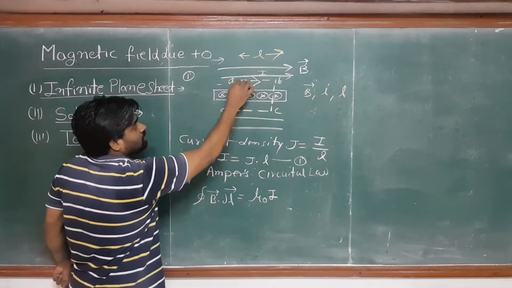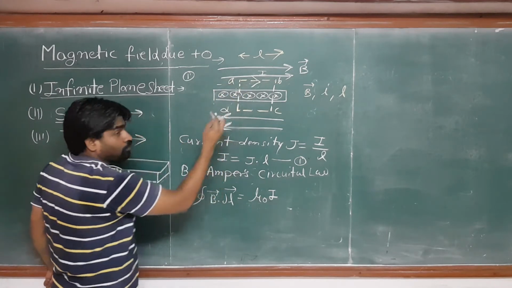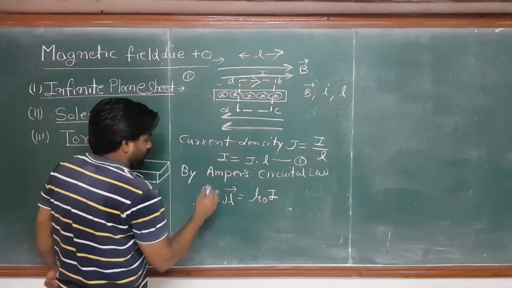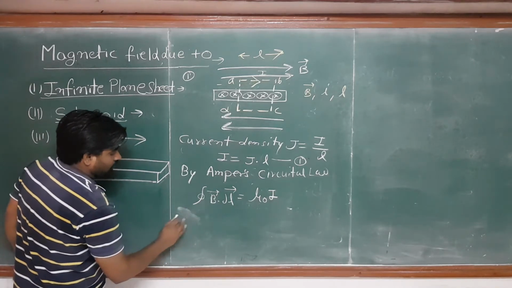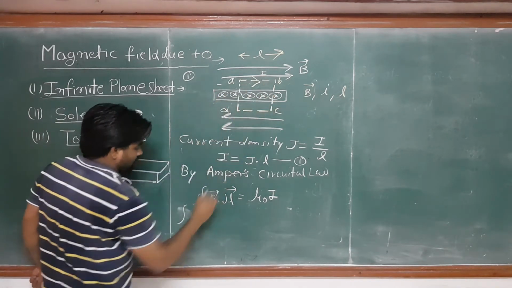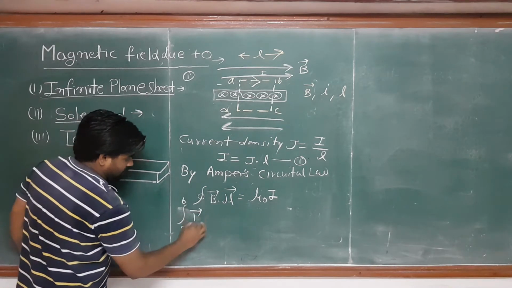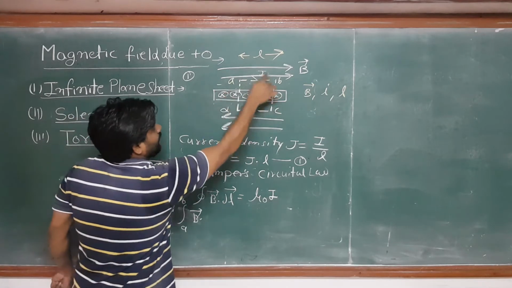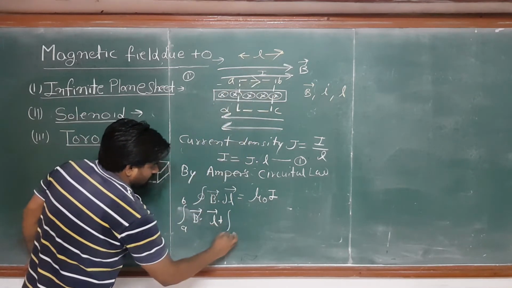So I will write this portion. Now, if the current starts from A and ends at A, then you have to convert this into four fragments. So I will write here the line integration of vector B from A to B. A to B has length L, so I will write vector B dot vector L, plus the next portion.